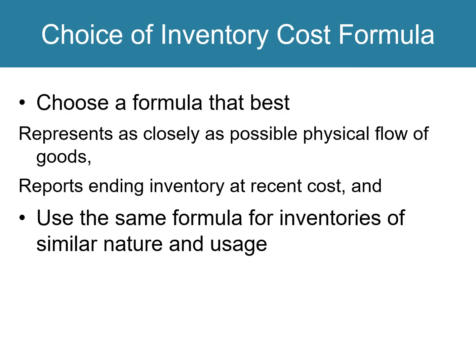So, which method do we choose? We choose a formula that best represents as closely as possible the physical flow of goods, and that reports ending inventory at a recent cost, and using the same formula for inventories of similar nature and usage.